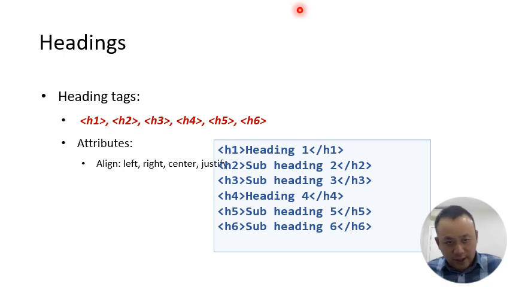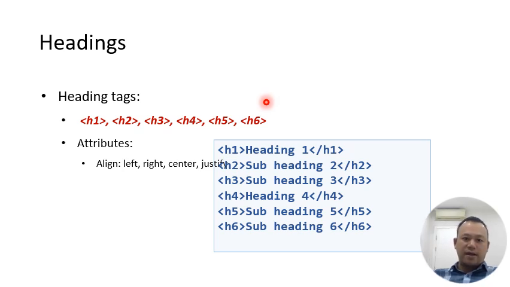For headings, as we know, any paragraph has a title or heading line. Headings in HTML are represented by H1 to H6 and are used to structure content hierarchically by defining different levels of importance. So we have some overview of how headings are used and their significance.